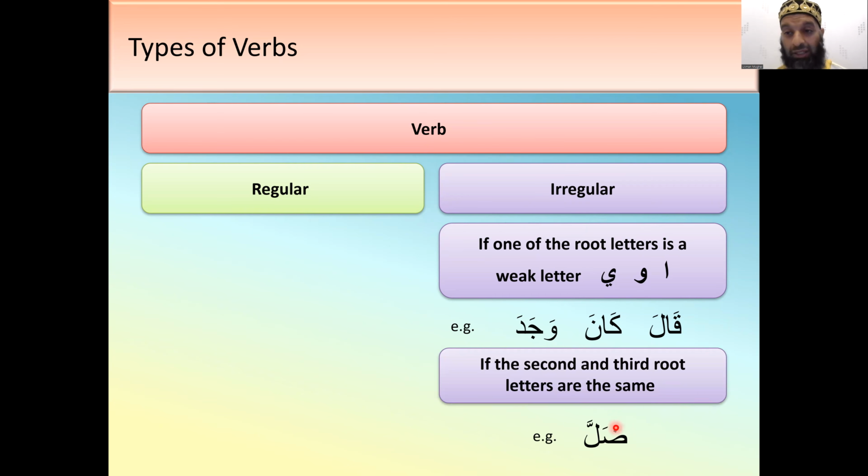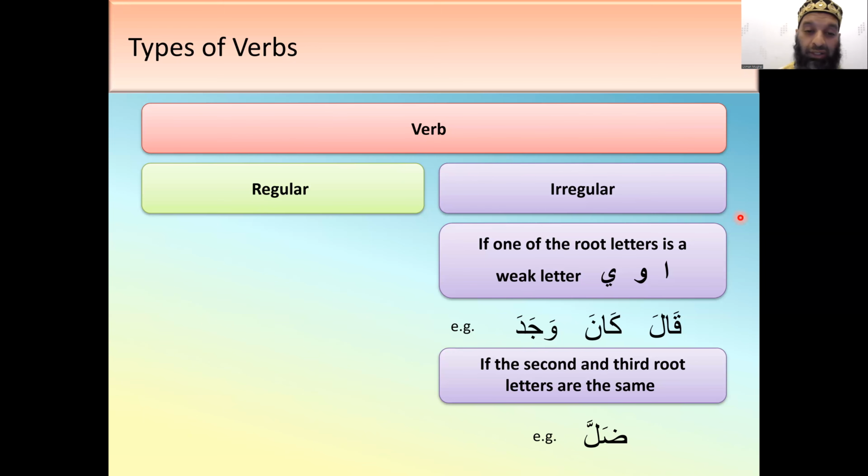So when the second and the third letter are both the same, the verb is weak as well. It's the same for present verbs. The slide is exactly the same as the one you saw a few lessons ago. So this is Dad, Lam, Lam. Because Lam, Lam are the same, you put a shad on it, meaning you read it twice. Dalla. So that's how you can tell if a verb is weak.